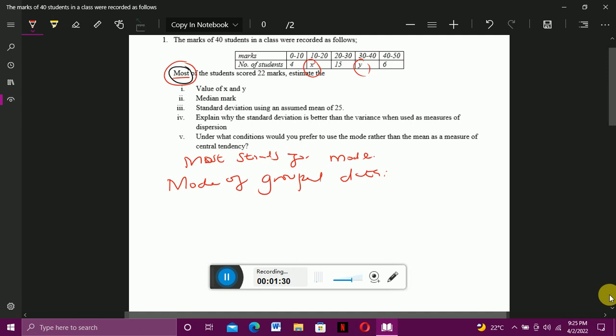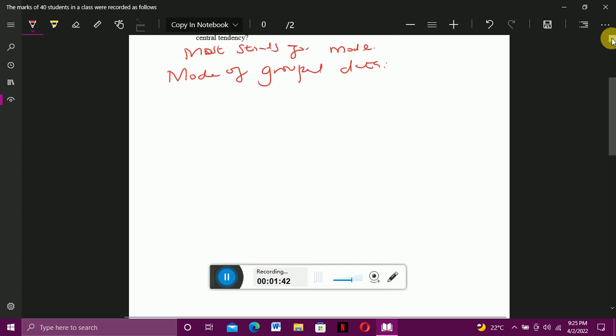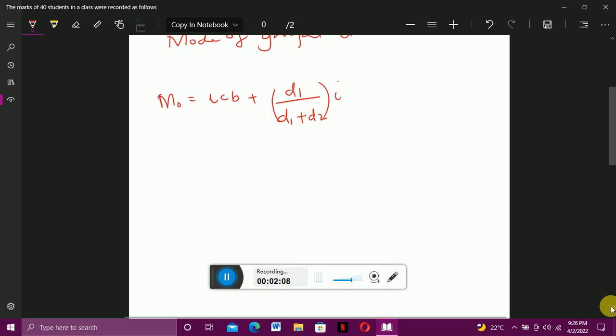So we have this formula that we know very well. The formula for mode is Mo equals the lower class boundary of the modal class plus D1 over D1 plus D2, and we multiply that by I. And we remember that LCB is the lower class boundary of the modal class.